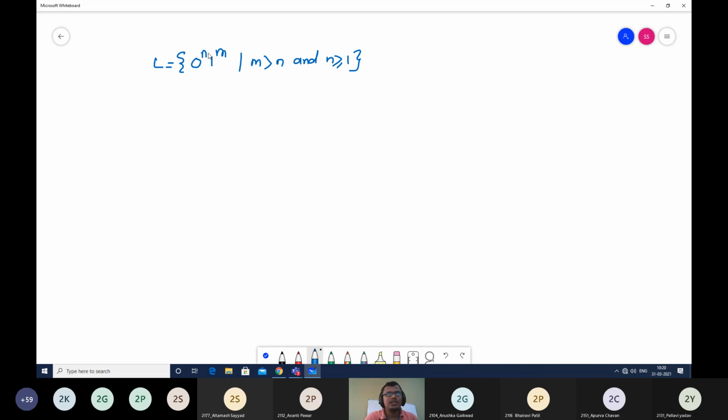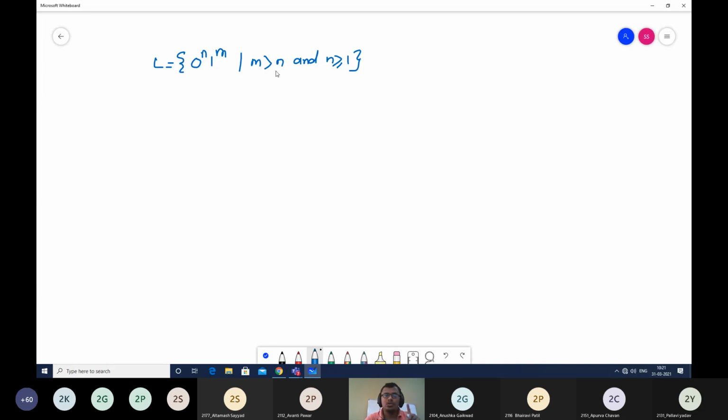Now my dear students, if I consider my first value of n as 1, I'll have one 0 in my string. So how many ones will I have in that case? I should have a minimum of 2 ones. Why? Because m is greater than n.